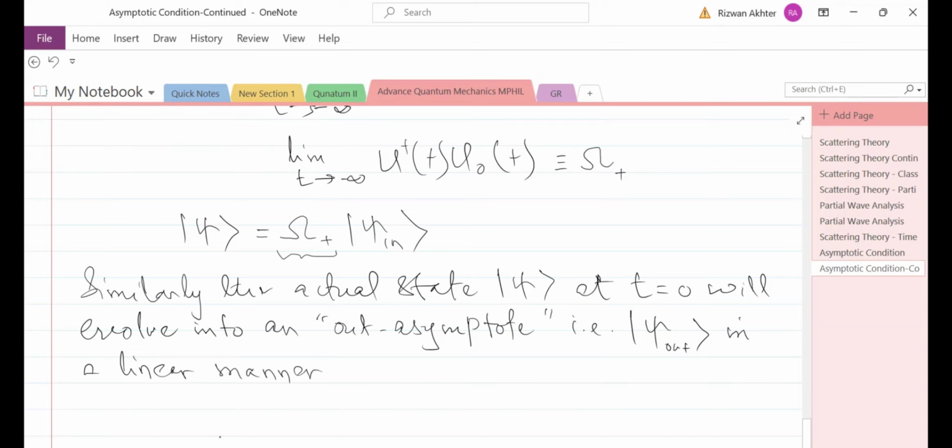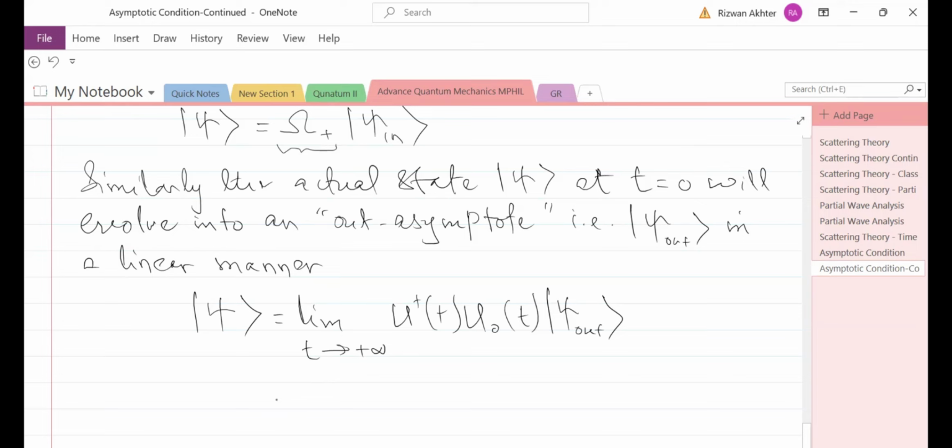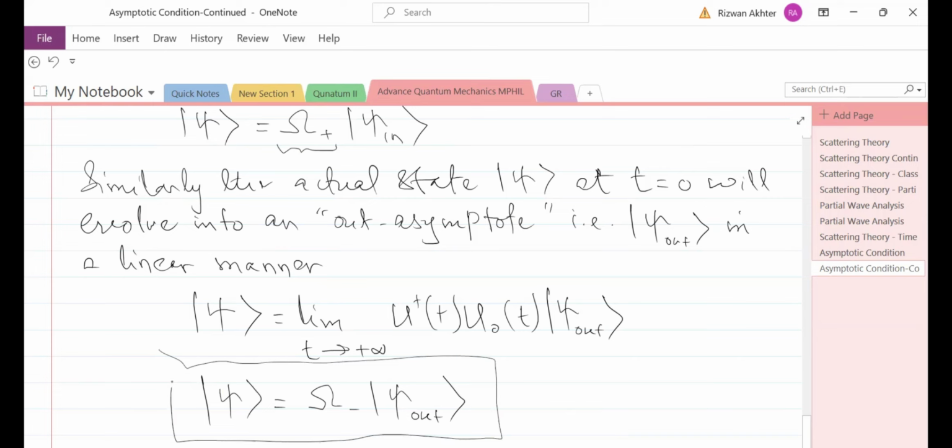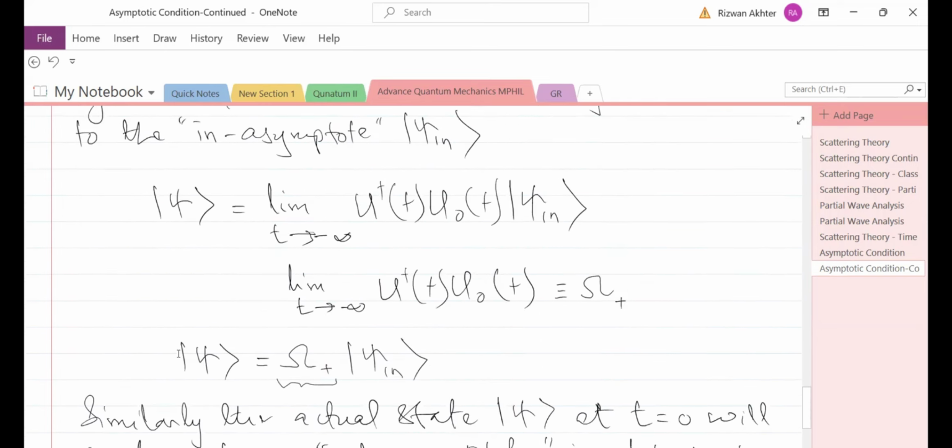And what is that manner? Psi equals limit t tends to plus infinity of U dagger of t, U naught of t, psi out, and this equals omega minus psi out. So we have these two linear relationships.